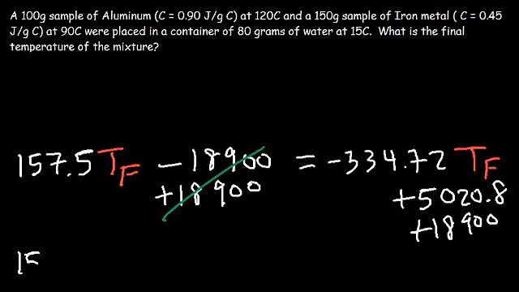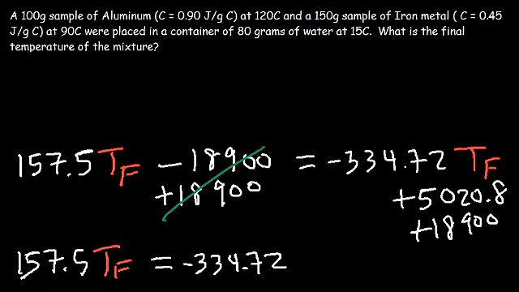So if we do that, we're going to have this equation. So 5,020.8 plus 18,900, that should give you a total of 23,920.8.